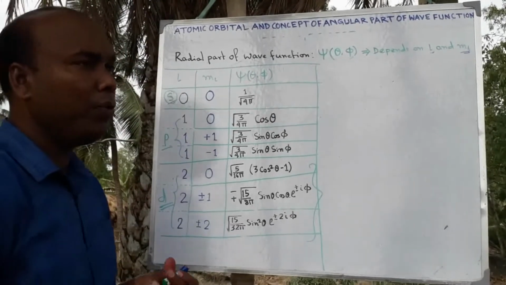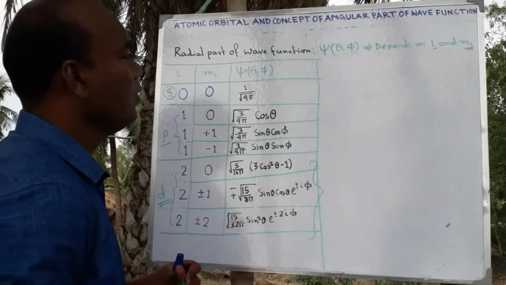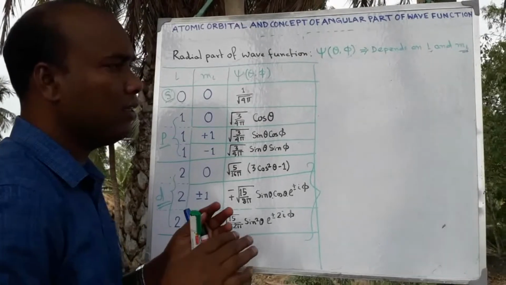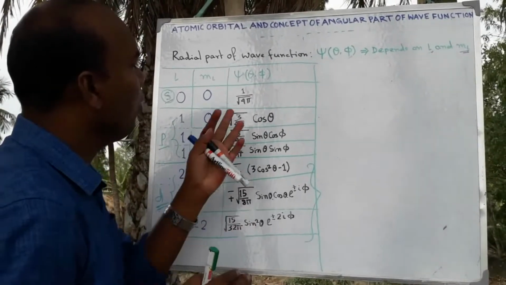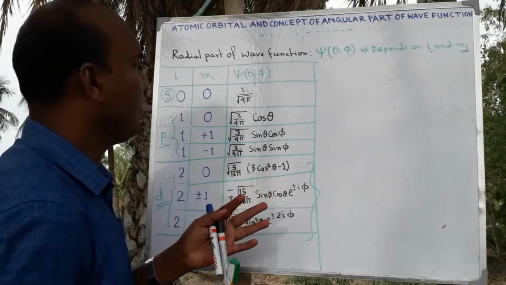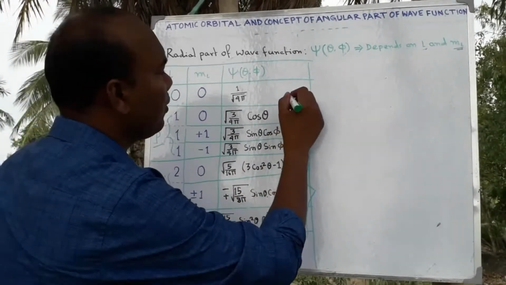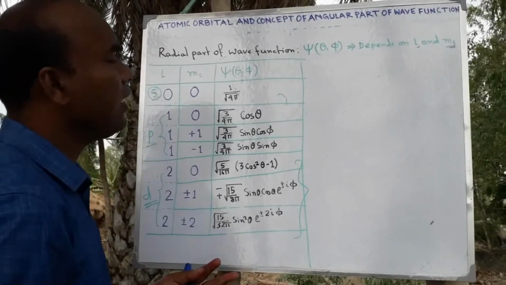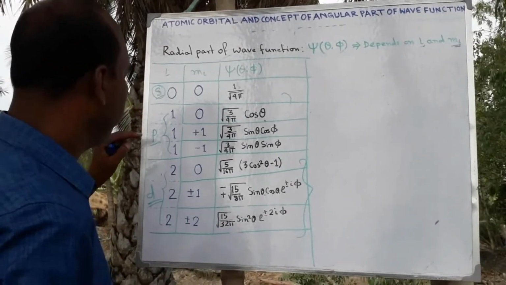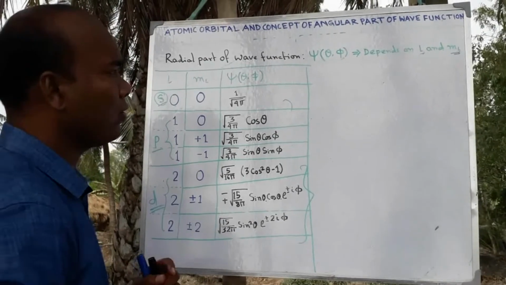Now, if you want to know the space in the atom in which these electrons belong, then you need to plot this value in the polar coordinate. That is, if you plot this expression in the polar coordinate, then you will get the space where the s, p and d electrons belong.